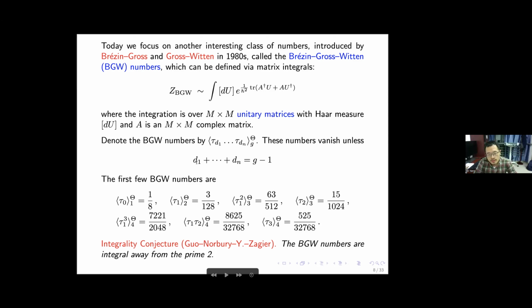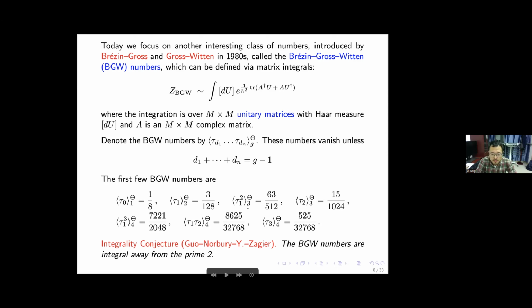As long as the subindices d_1 to d_n are not very big, already the numerator of these numbers will contain large primes, which means they are also quite non-trivial numbers.